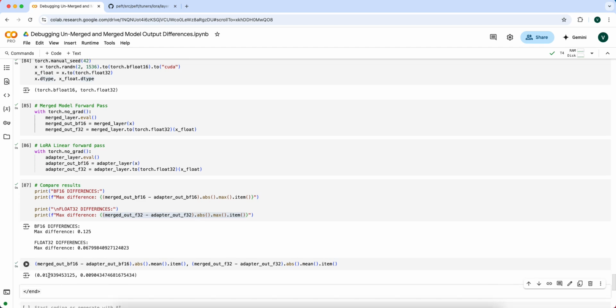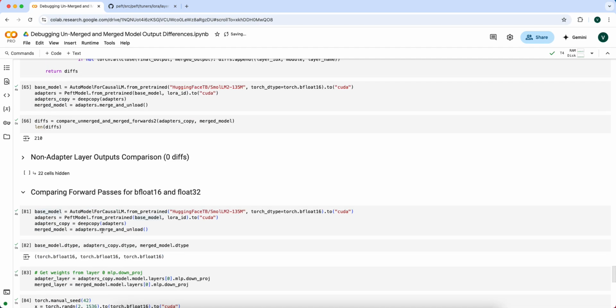And again, we still have that 10x difference between BF16 and float32. So the fact that changing the floating point precision changes the difference of the outputs, that itself I think is a key indicator that this is a floating point error issue.